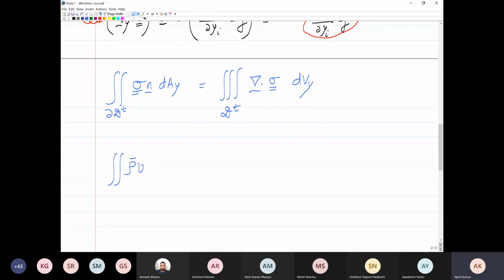So what we have is rho bar, v bar, dvy. So that's the total linear momentum, and I want to take its d by dt. And understand that the domain is changing with time.